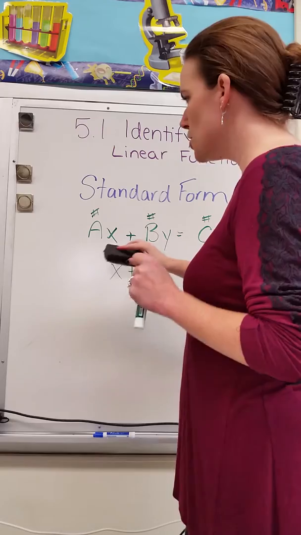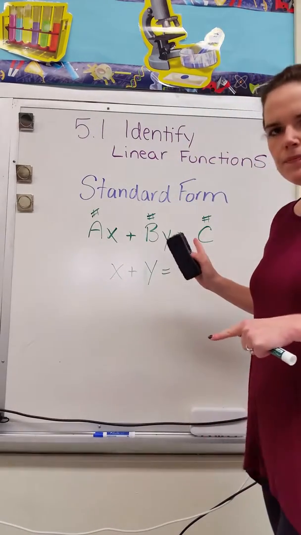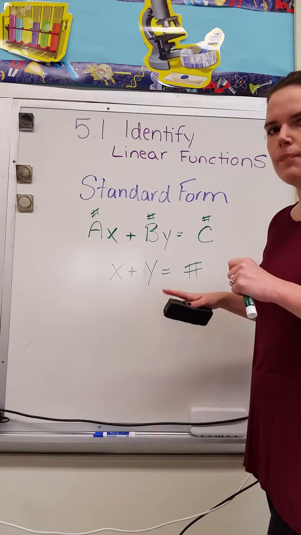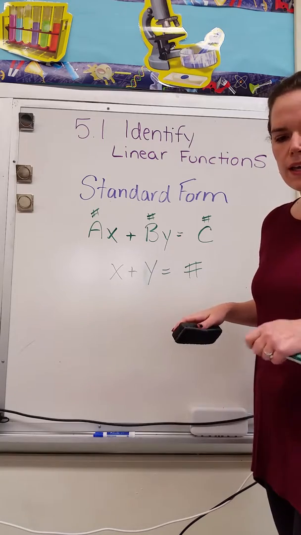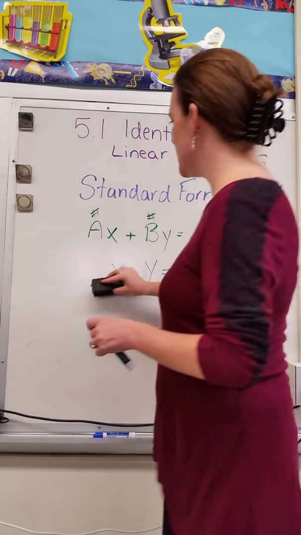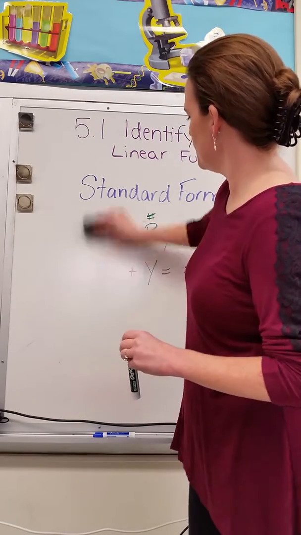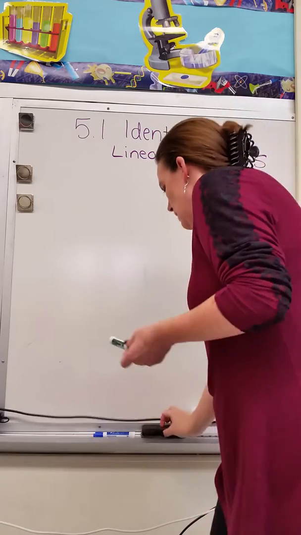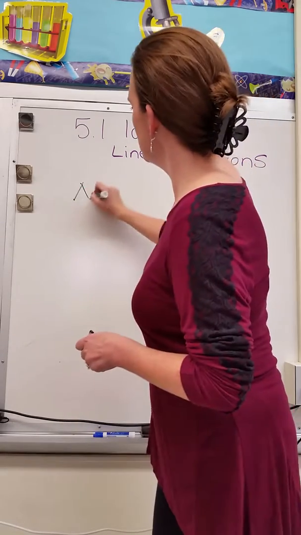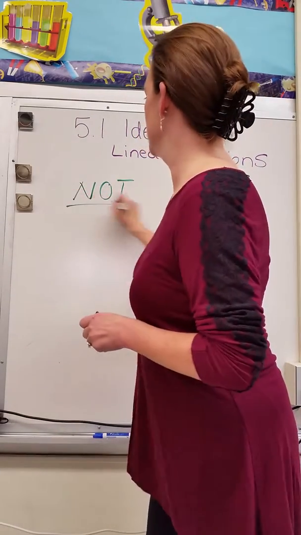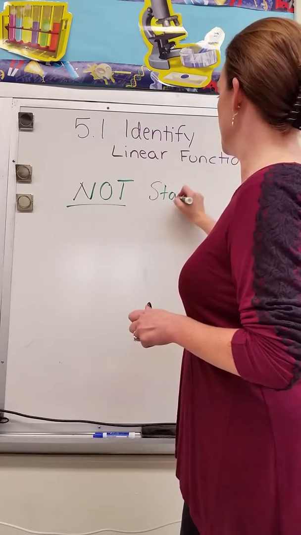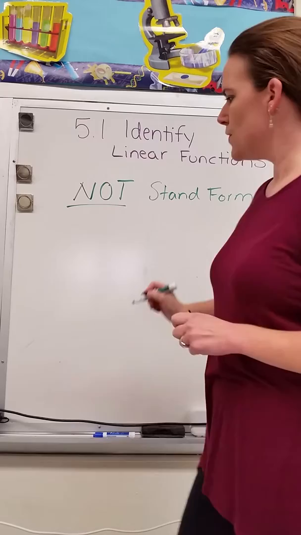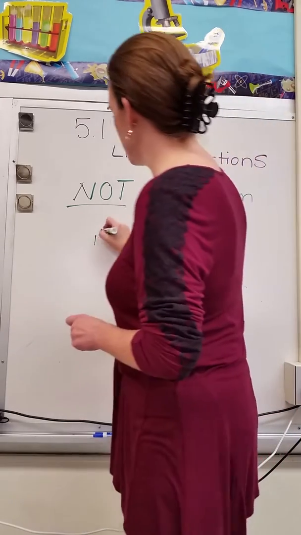When you are determining if something is a line, it has to be able to be written in this standard form. So you know something is not standard form if you see exponents.